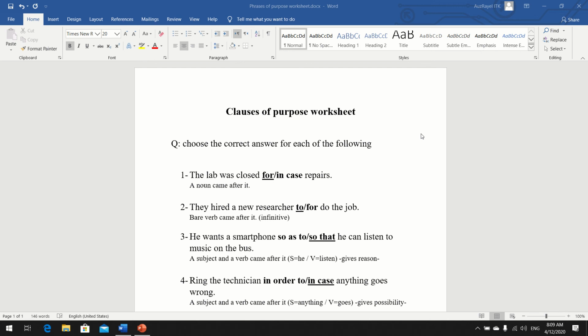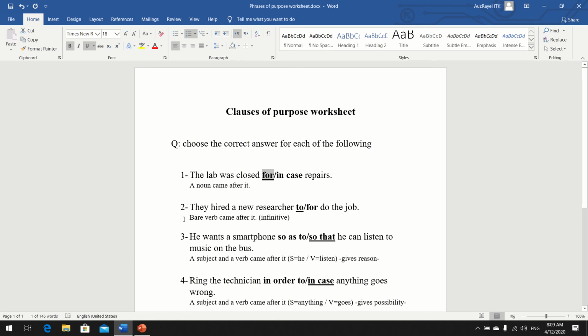And the reason for using for instead of in case is that after for came a noun, repair. And if there was a noun after the clause of purpose, we choose for as the accurate clause of purpose.